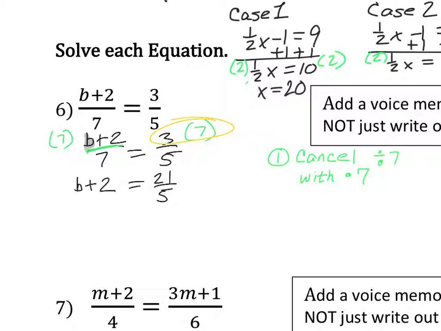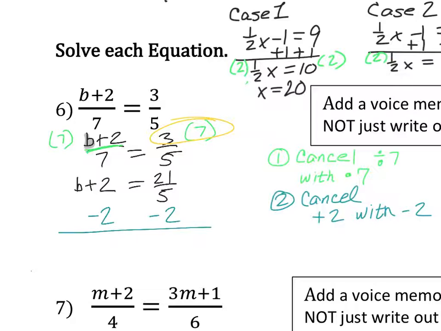We still need to fully isolate that b, and we are going to need to do that by canceling plus 2 with a minus 2. So we're going to subtract 2 from both sides. That's going to cancel, leave me with a b.